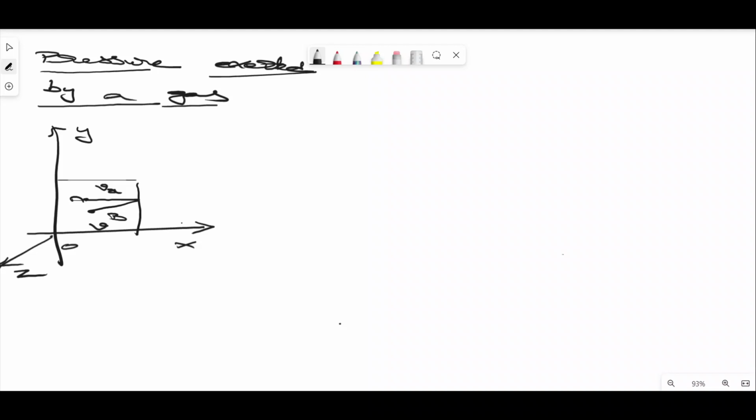As it collides with the wall of the container, it returns back to point B with the same velocity along the opposite direction. Now we are going to represent the expression of momentum.